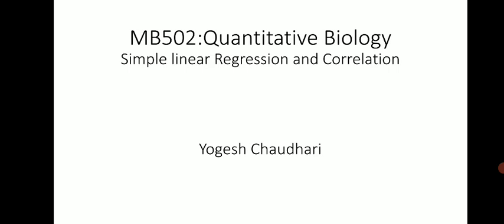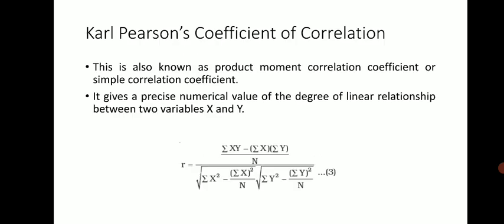In today's video lecture we'll see the mathematical models that are used in the calculation of correlation, and that includes the Karl Pearson coefficient of correlation. This coefficient is denoted by the formula mentioned here in the slide, and it is also known as the product moment correlation coefficient or simple correlation coefficient.